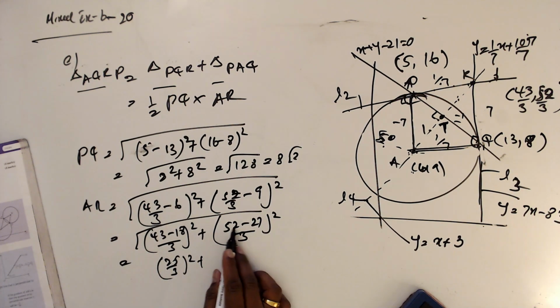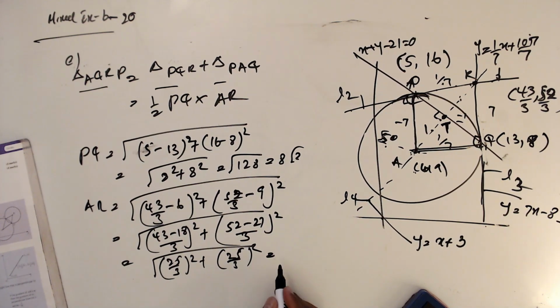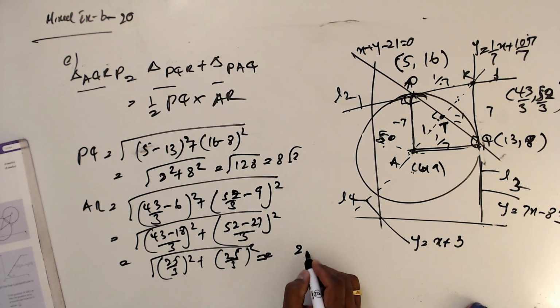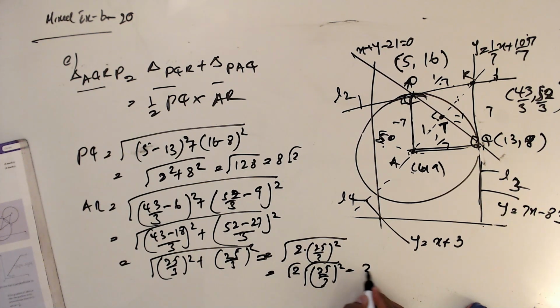This is the square root of 25 over 3 squared plus 25 over 3 squared. So this is 2 times (25 over 3) squared under the square root, which is square root 2 times 25 over 3.